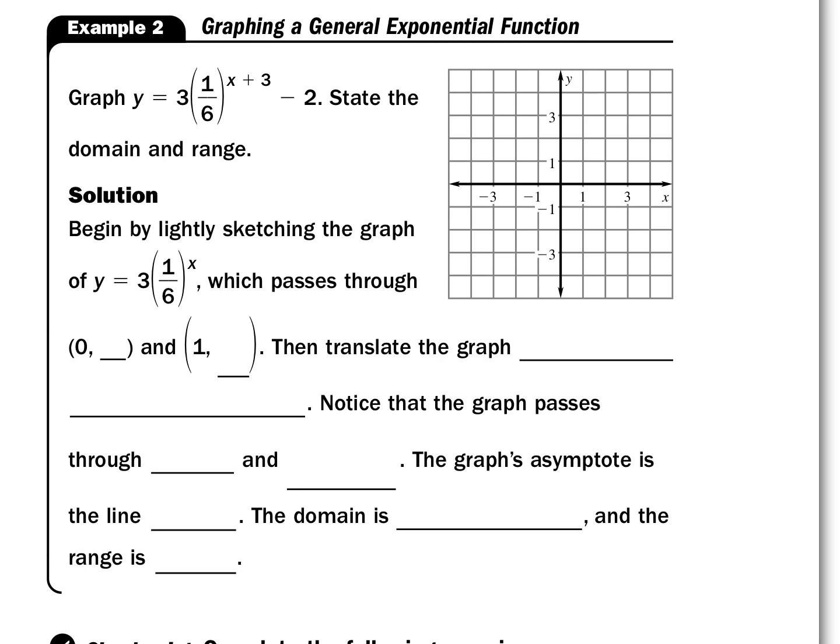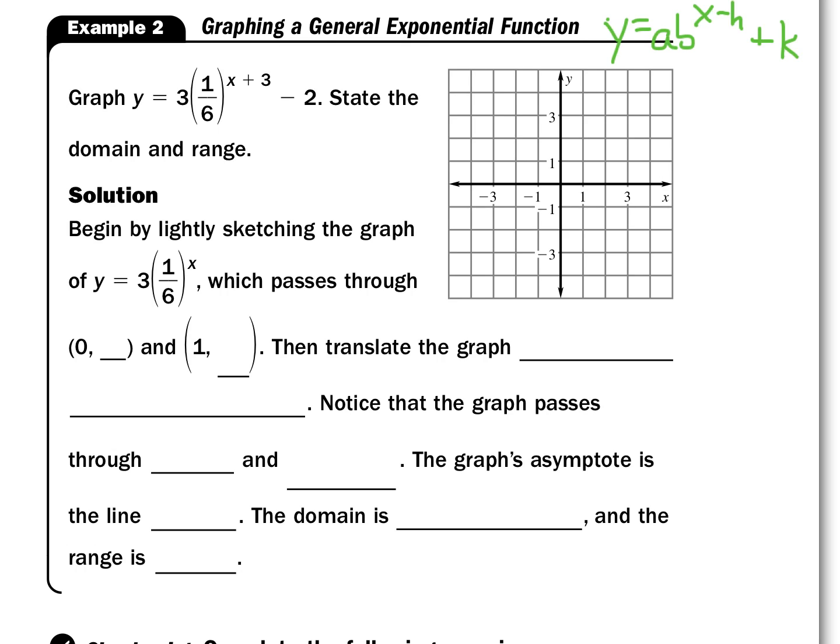So to graph a general exponential form, again we have the same as it was for exponential growth, where we have y equals a times b to the x minus h, plus k.